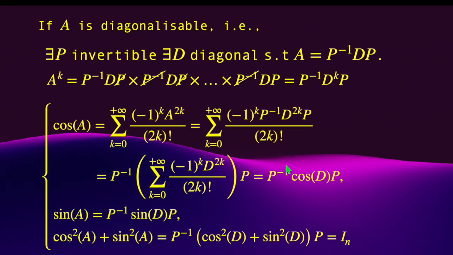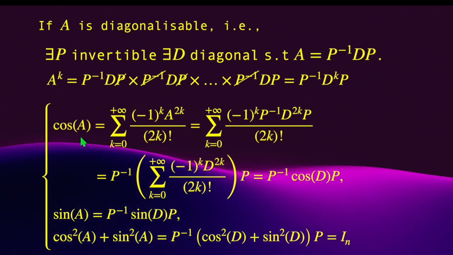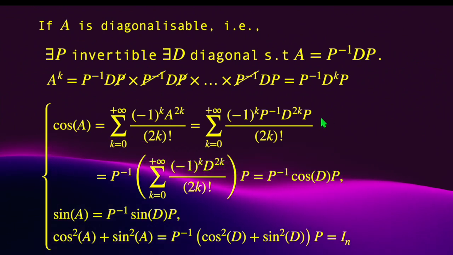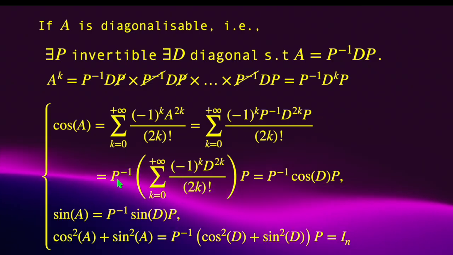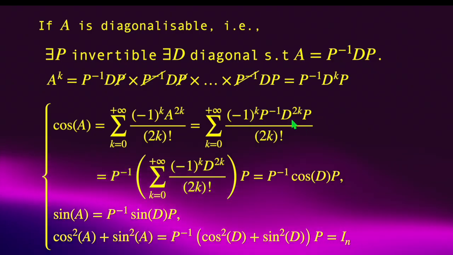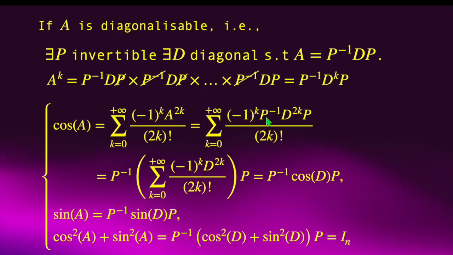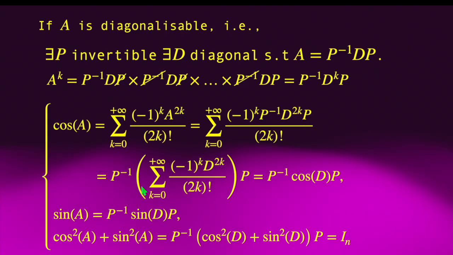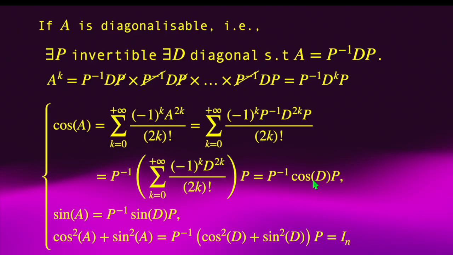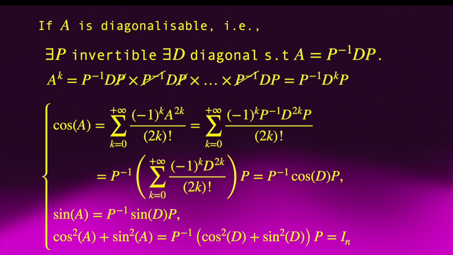And now if you compute the cosine of A, we can take P minus 1 here, and we get the formula: cosine A is also diagonalizable, equal to P cosine D P inverse, and the same holds for the sine.